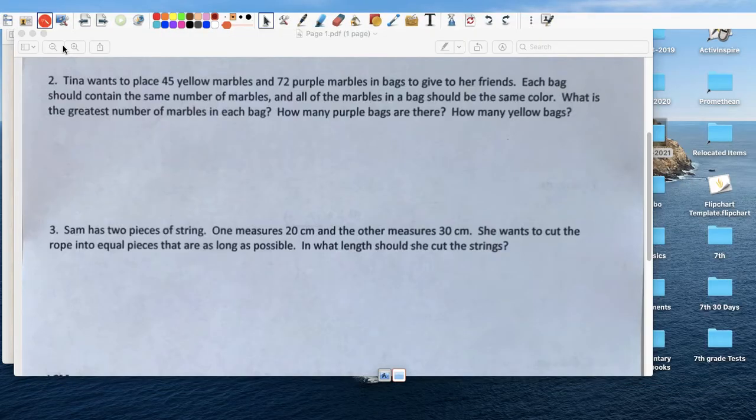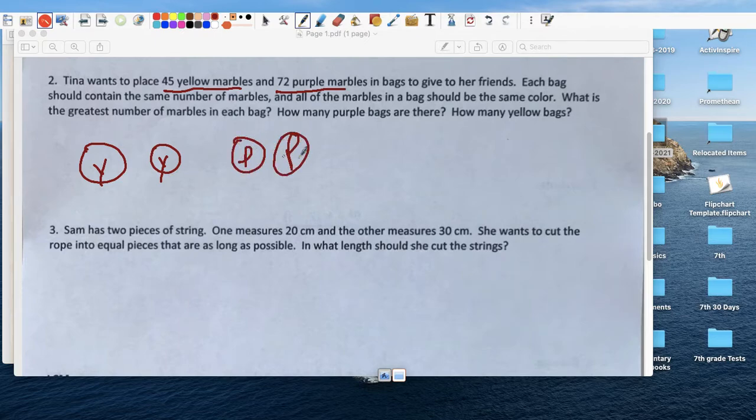So, question 2, same marbles, same amount of marbles, 45 yellow, 72 purple, but each bag should contain the same number of marbles, and all the marbles in the bag should be the same color. So here, yellow, here, yellow, no purple, here, purple, here, purple. So we have to find out how many bags.